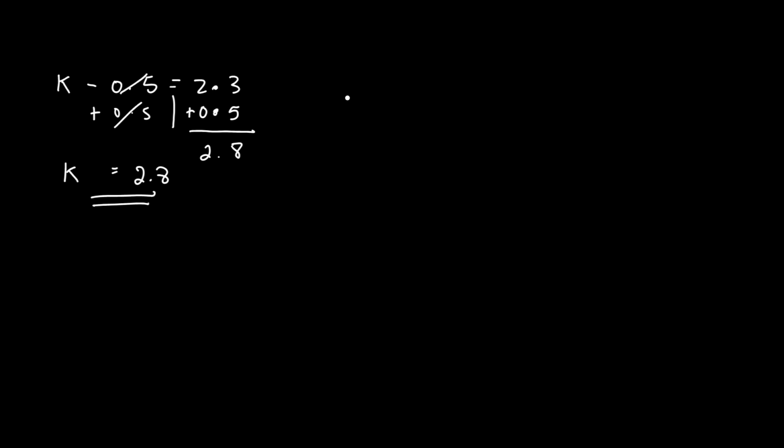Good. Now, let's try one with fractions. So w minus 1/2 equals 5/8. Our goal is to isolate w. So let's add 1/2 on this side and they will cancel, and let's add 1/2 on this side. So we need to find the common denominator.